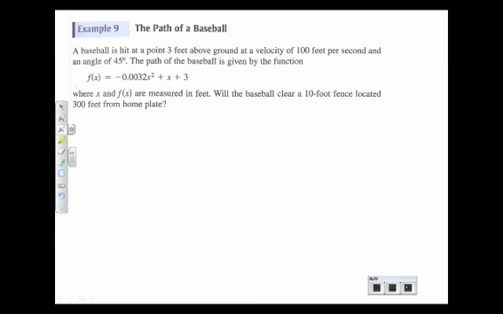So, in we go. We're going to plug in x, the distance from home plate.